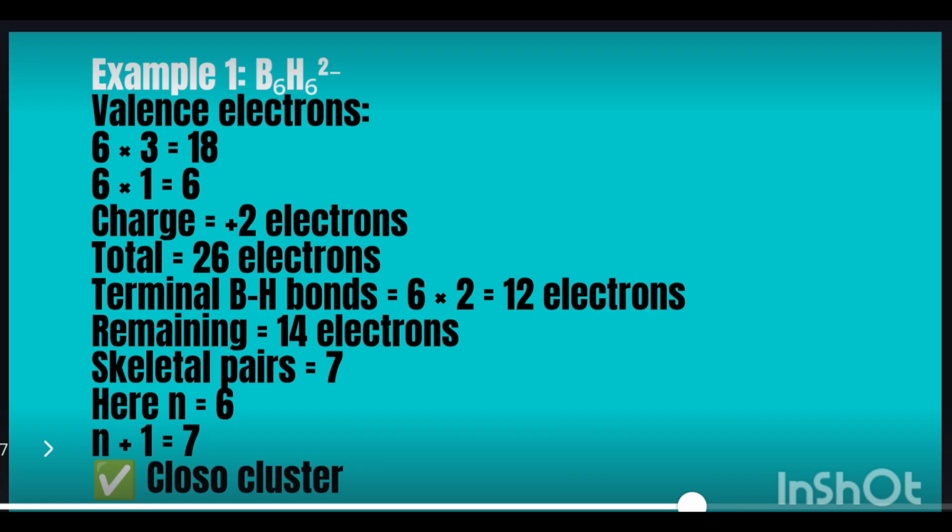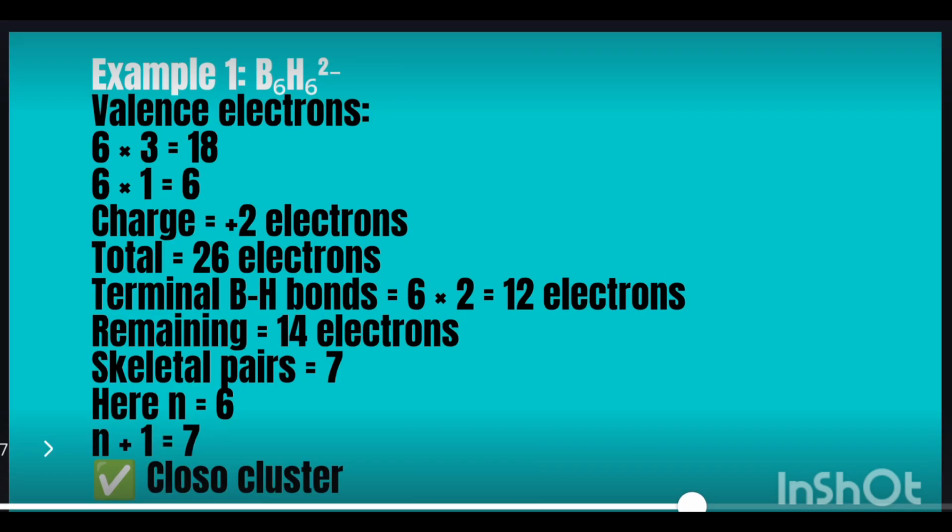Now let's solve one example carefully. That example is B6H6 2-. In step 1, we count total valence electrons. Boron has 3 electrons. Here 6 boron atoms are present, so 6 into 3 is equal to 18.